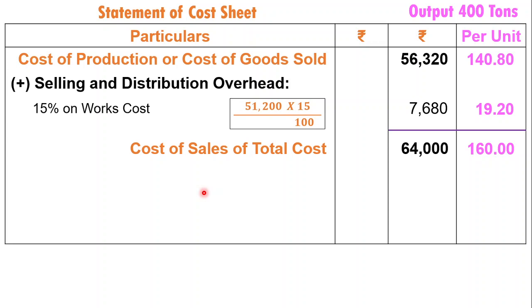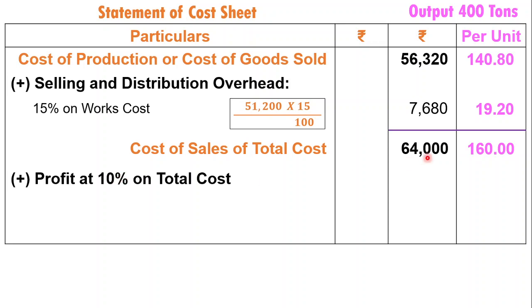So we already calculated now its cost of sales or total cost. You can make it as OR, cost of sales or total cost. Now add profit. Profit is 10% on total cost. We calculated the total cost as 64,000 rupees.